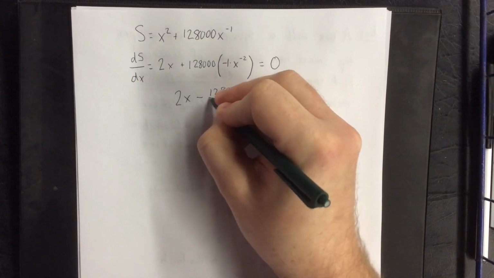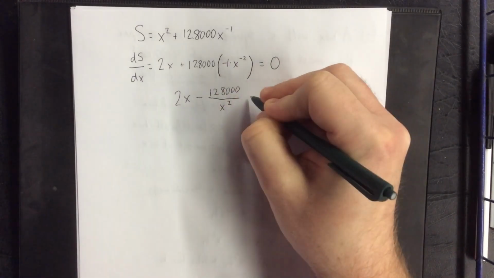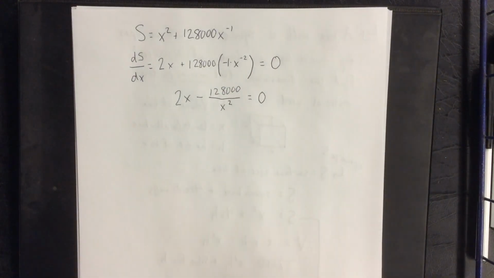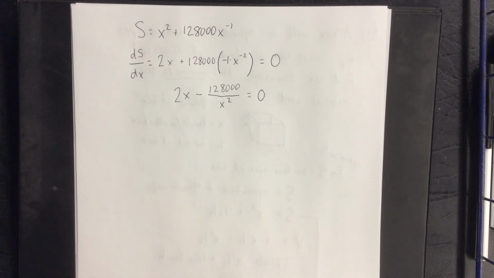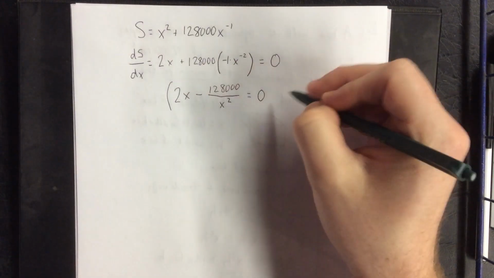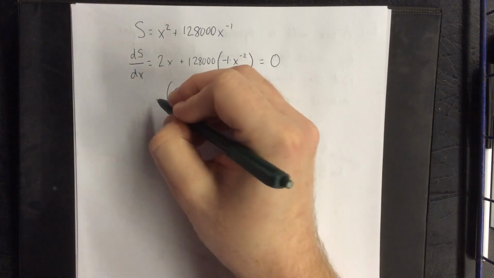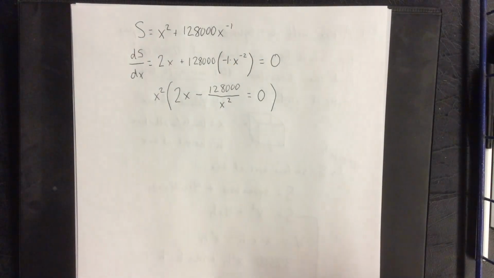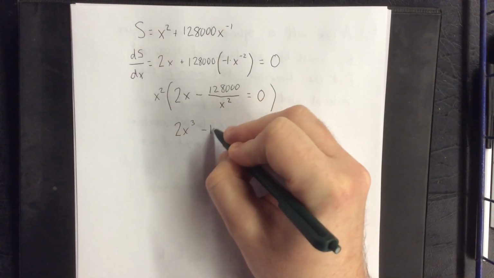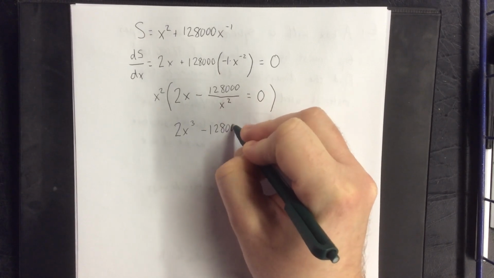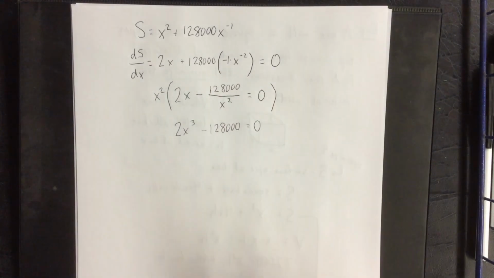Recopying this, using a little bit of algebra, we arrive at the following. This will be 2x minus 128,000 divided by x squared is equal to 0. I'm going to start taking algebraic steps to solve this equation. First thing I'm going to do, multiply both sides by x squared to clear out our fraction. This will give us 2x cubed minus 128,000 is equal to 0.